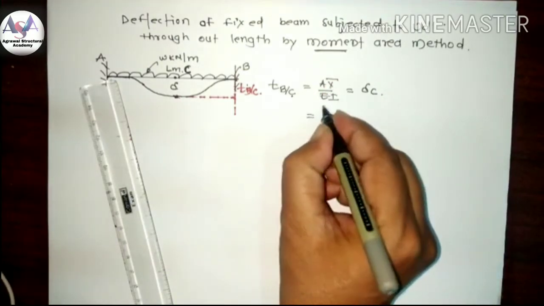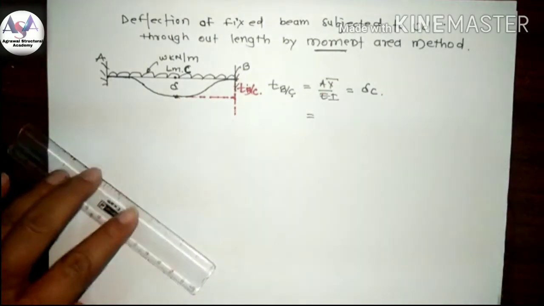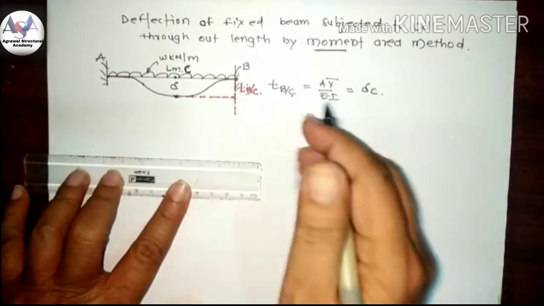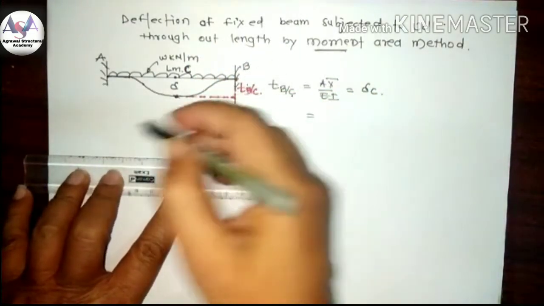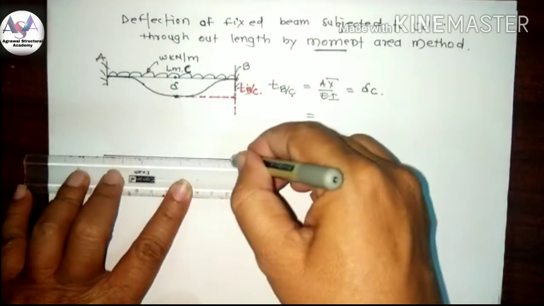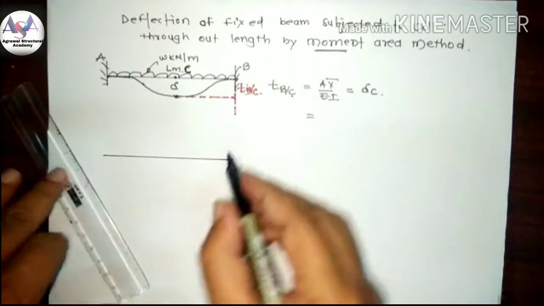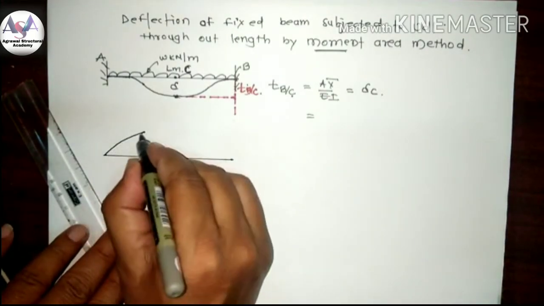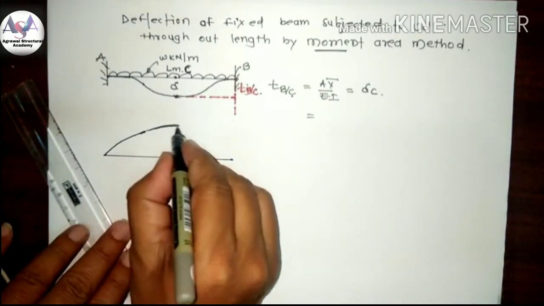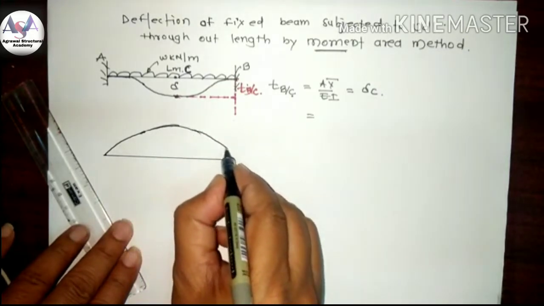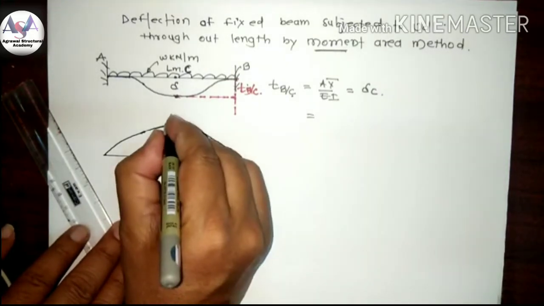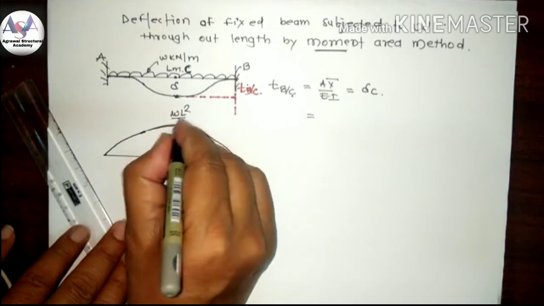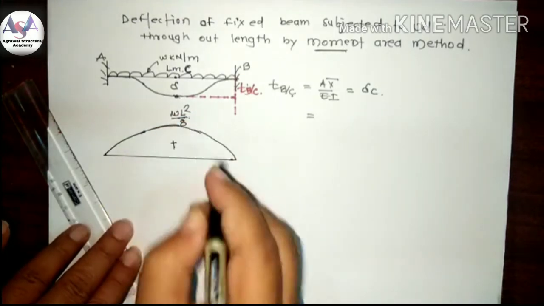Our aim is to calculate this TBC, that is delta, equal to A X bar upon EI. Now first draw the BMD. We draw the BMD separately, first considering the beam as simply supported. The diagram is parabolic, this height is WL square by 8, and this diagram is positive.